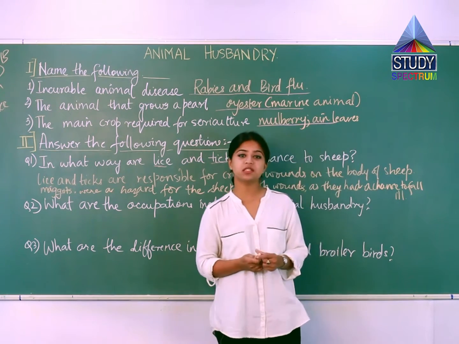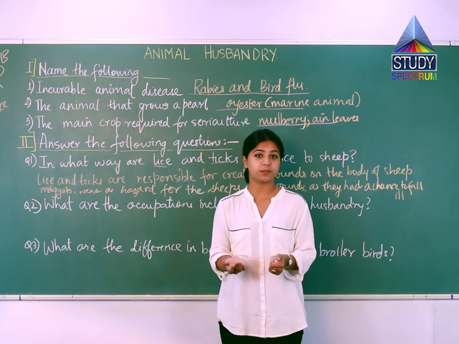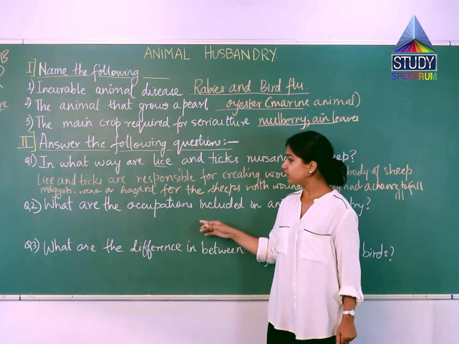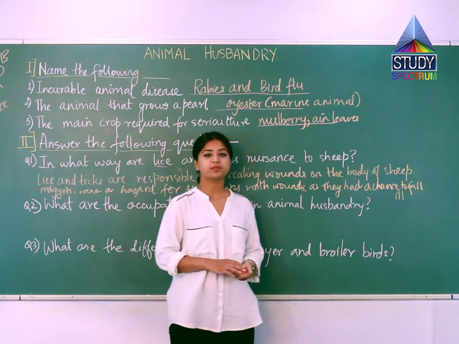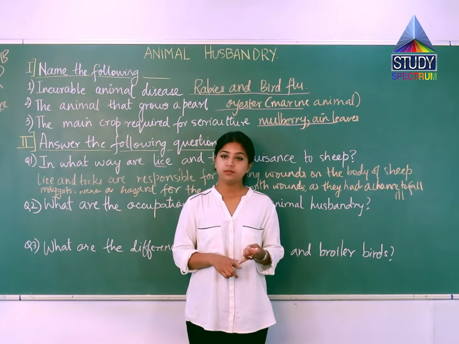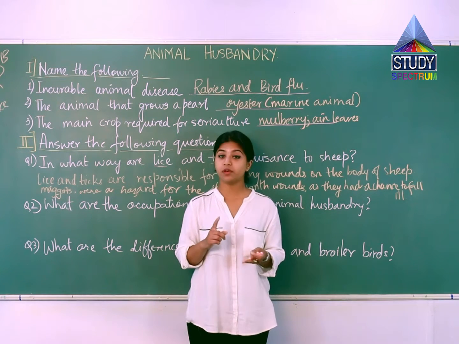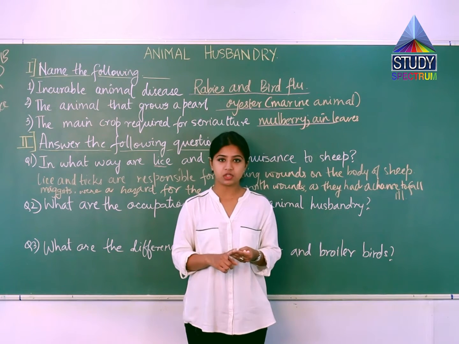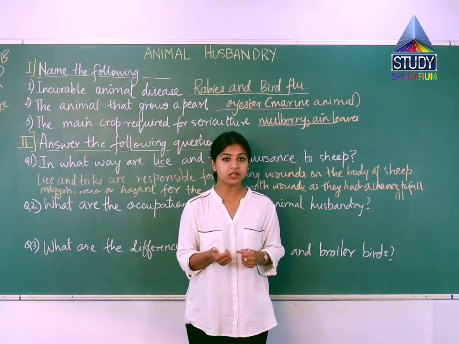You can frame your answer in your own sentences as long as you have understood the whole concept of the question. Let's shift to the next question: what are the occupations included in animal husbandry? We learned that animal husbandry was related to poultry farming, sheep rearing, the lac industry, pisciculture, sericulture, and also pearl culture.